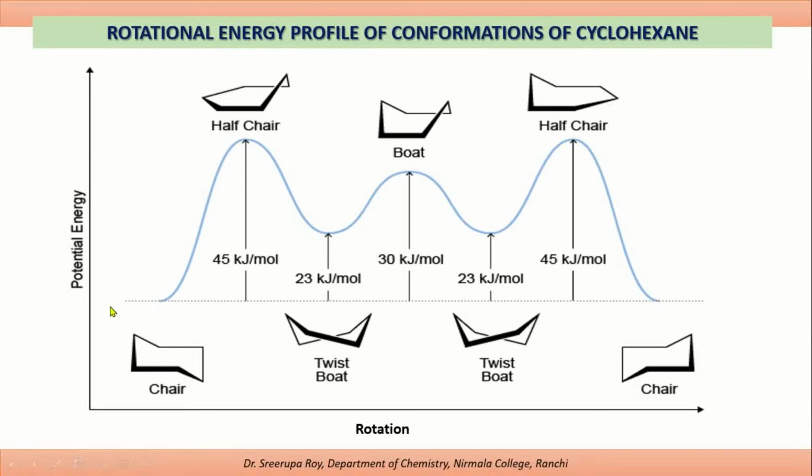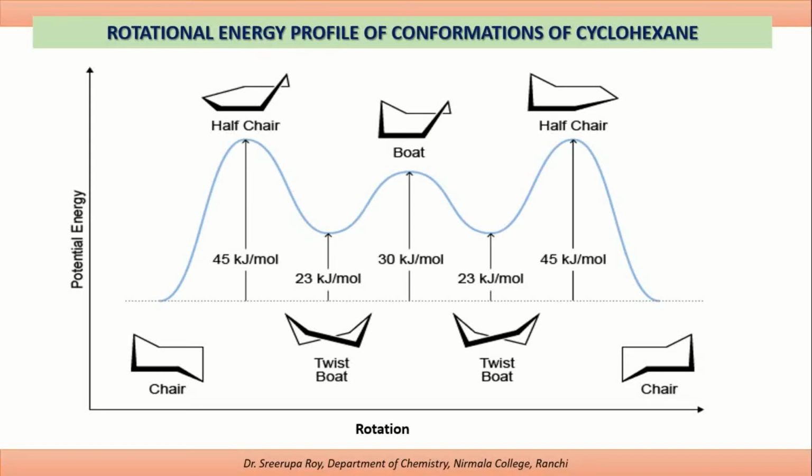As you can see, as we start rotating the carbon-carbon single bond of the chair conformation, energy of the molecule starts increasing till it attains a maximum height where we get the half chair conformation. As we have already discussed, the half chair has the highest energy and hence is the least stable of all conformations.